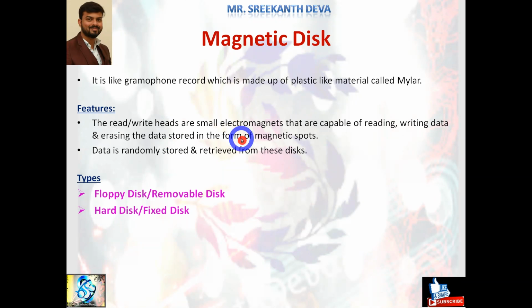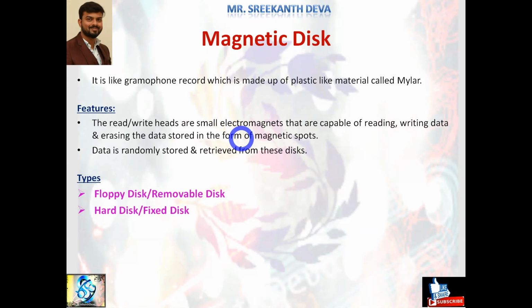So these are all important magnetic disk features. To store data on a magnetic disk, it should be formatted. Formatting is a process of creating tracks and sectors on the surface of the disk so that the data can be stored.